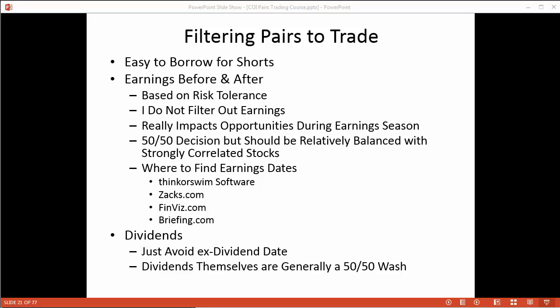It's essentially a 50-50 thing, and so over time we will have some stocks who report earnings, and that side of our pair, if it goes against us, will take a larger than normal risk. But also conversely, it works the other way. Sometimes we'll be on the right side of an earnings trade and it'll work in our favor.